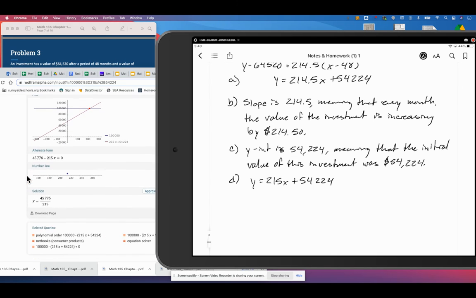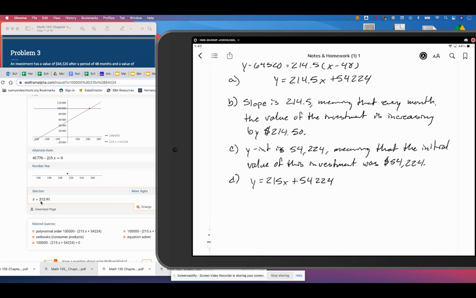So for this investment to reach 100,000 bucks, I do want to use an approximate form. It will take about 213 months.